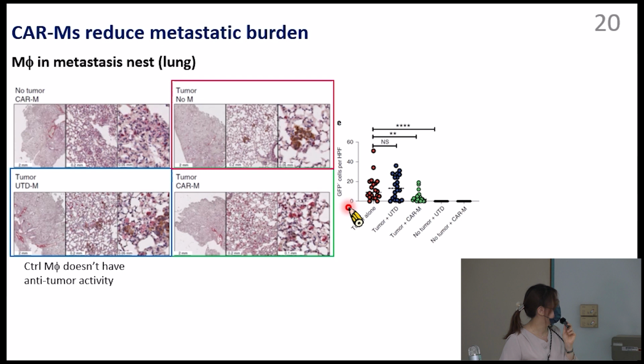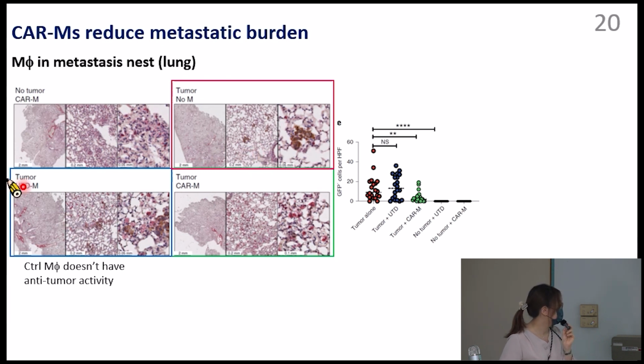Okay, they found less tumor cell in lung, and also can see many CAR macrophage infiltrate to the lung tissue. But if they didn't administer the CAR macrophage, the tumor growth, the tumor metastasis is more severe, and very few macrophage in here because they are SCID mice.